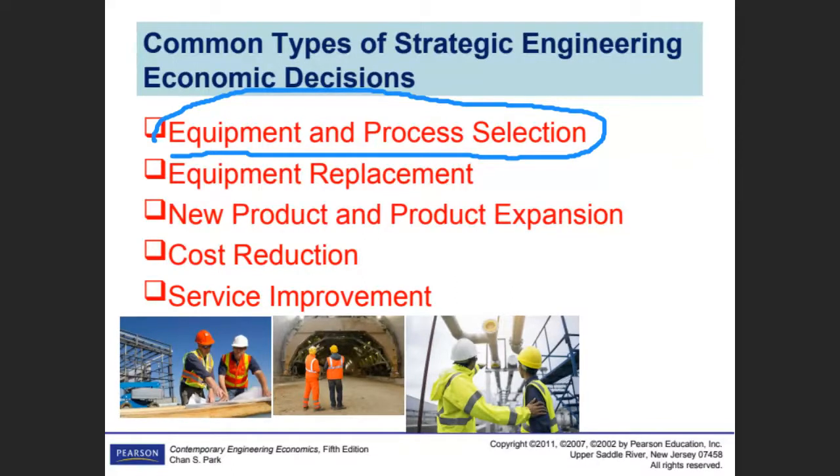So how can we make these decisions, right? For example, out of 2-3 machines, you have to choose the best choice, the best course of action which meets your requirement. Another example could be, out of 4, 5, 6 different raw materials, which should we choose to use in our product?